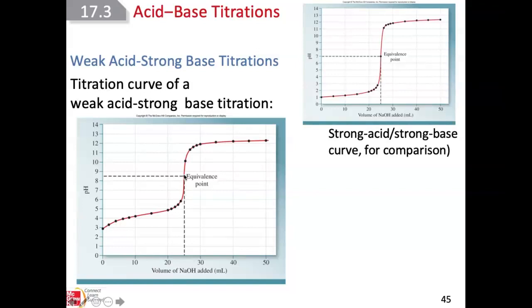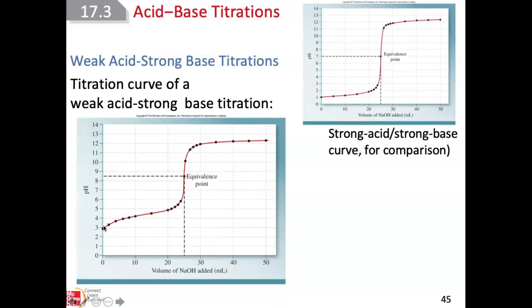The second difference is that at the equivalence point, the pH is basic. The pH is 8.5, whereas the pH of a strong acid and a strong base at the equivalence point equals 7. So these are the two big differences you have to notice here.